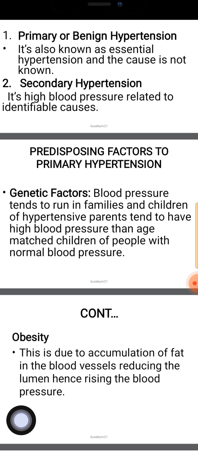The causes are not known, but this hypertension just develops without any cause you can point to. So it's this type of hypertension where the cause is not known, but there is hypertension in someone.